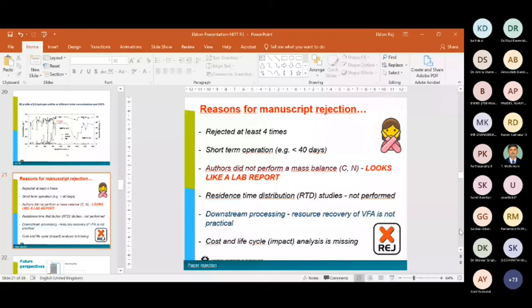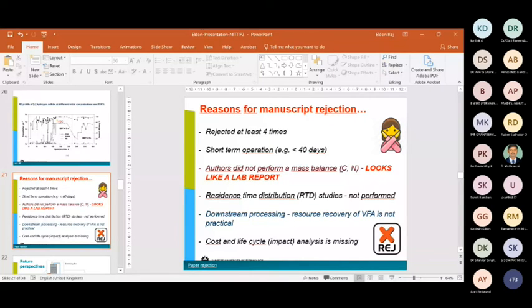but in some cases the manuscript was rejected because they wanted to see the mass balance. They wanted to see what happened to the carbon species, what happened to the nitrogen species.